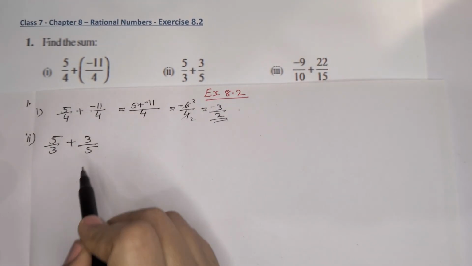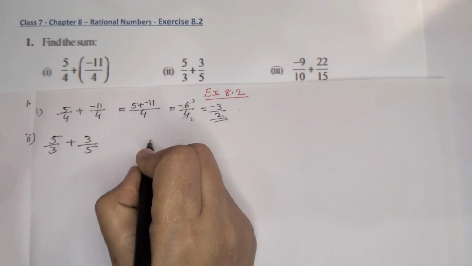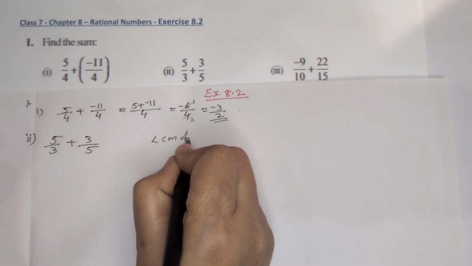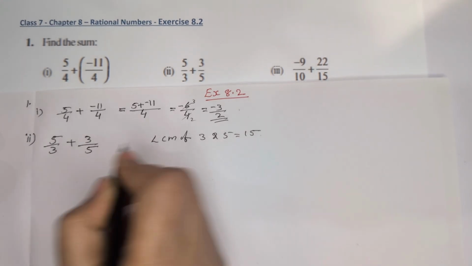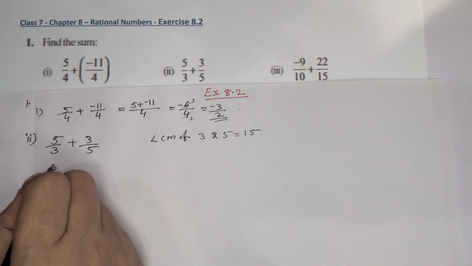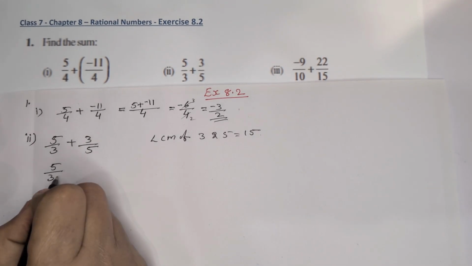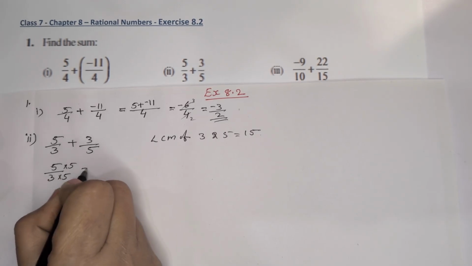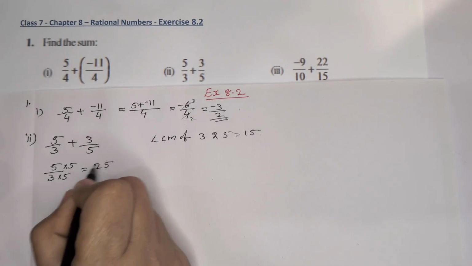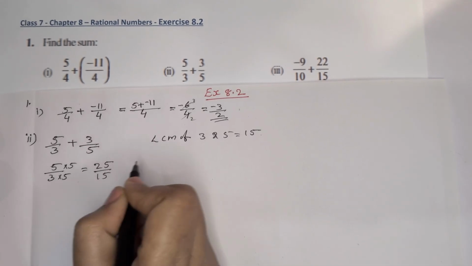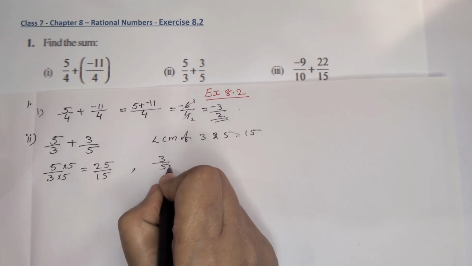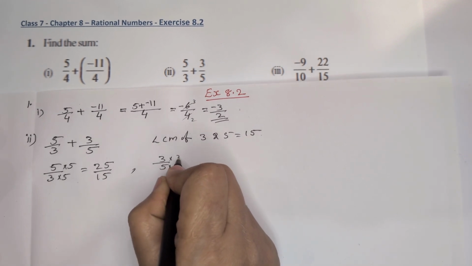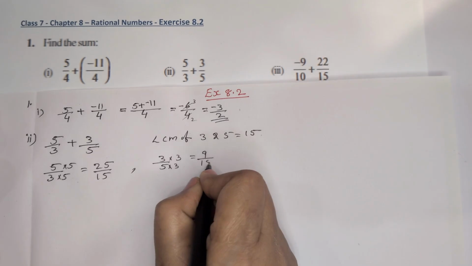Second one, 5 by 3 and 3 by 5. Here denominators are different. So LCM of 3 and 5 is equal to 15. So 5 by 3, multiplying by 5 to make the denominator 15, is equal to 25 by 15, and 3 by 5 we can write as, multiply by 3, equal to 9 by 15.